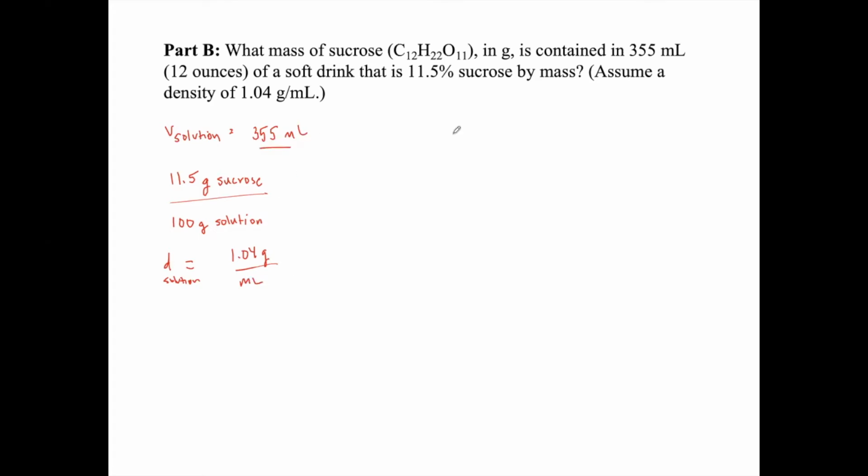So we're starting with this. We need to get from milliliters of the solution to grams of the solution to grams of the sucrose. That's our plan. We start with 355 milliliters. To get to grams of solution, we know that there's 1.04 grams of solution in 1 milliliter of solution.